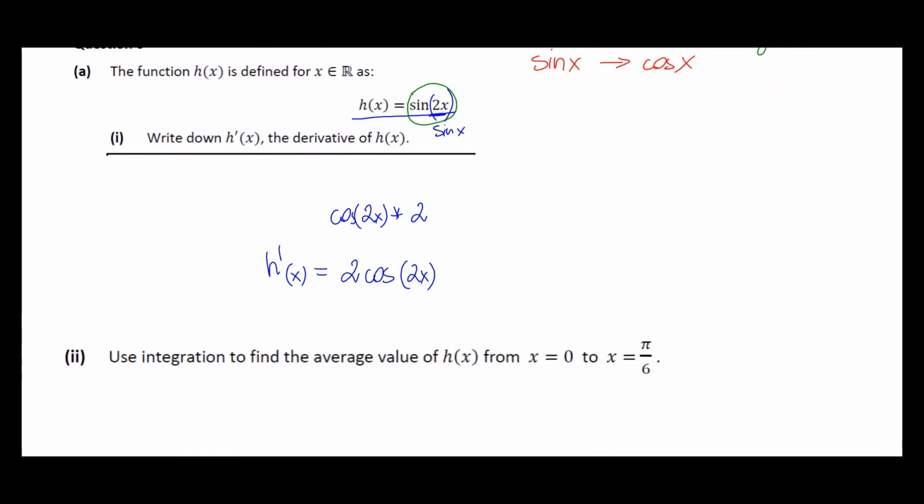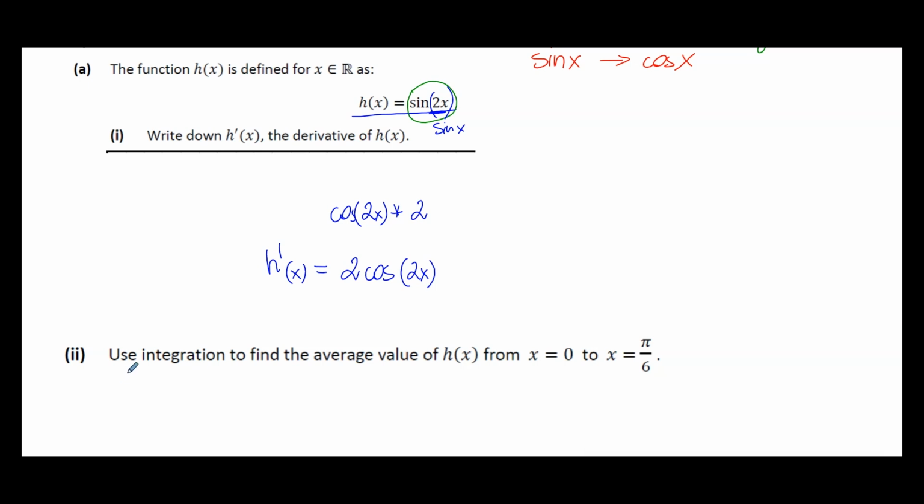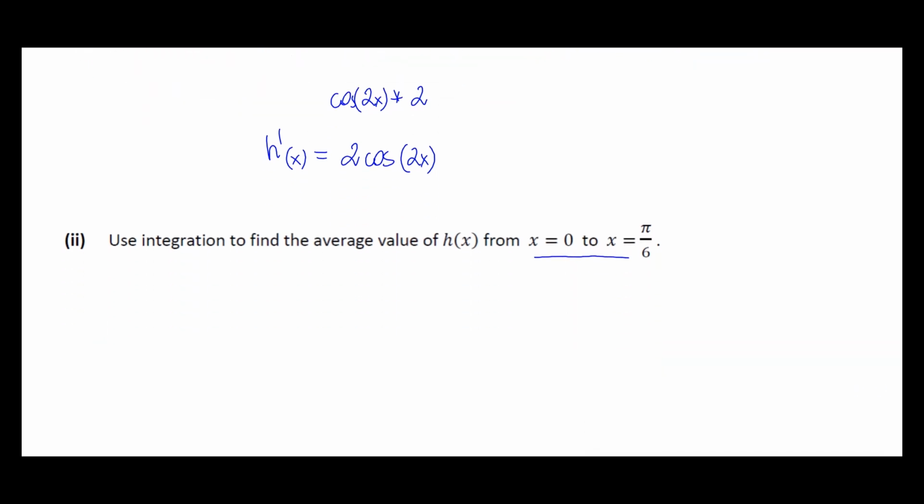Nice. Let's have a look at the next part where it's saying use integration to find the average value of our function in a given interval. Okay, so how do we find the average value of a function, any function?